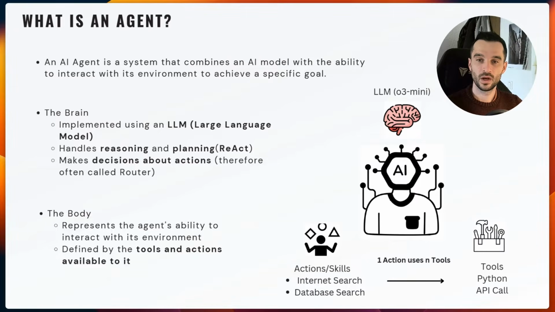For example, when we have an internet search capability, we have the search tool and also a URL fetcher tool that are combined together. And this brain-body architecture is what transforms our passive text generator LLM into an active, goal-oriented agent. So the LLM provides the intelligence, and the tools provide the means to perceive and act.